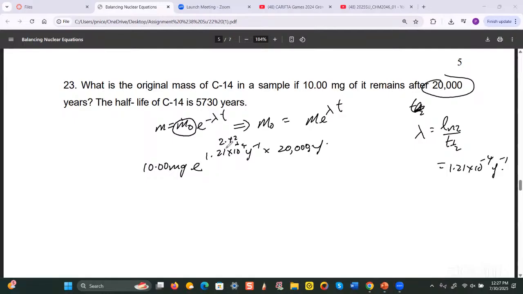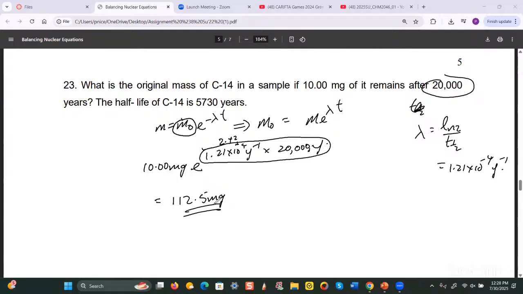I'm now going to do e to that number, and then multiply by 10. According to my calculation, this works out to be, to 4 sig figs, 112.5 milligrams. That's what I got. So that's basically how that works out.